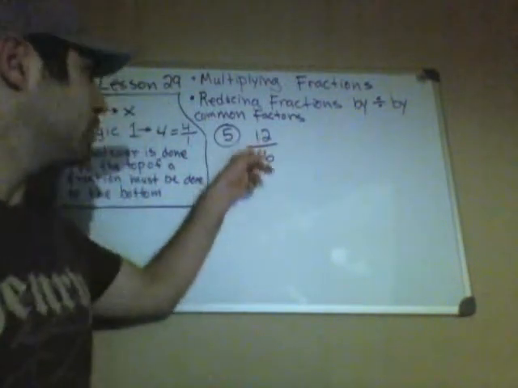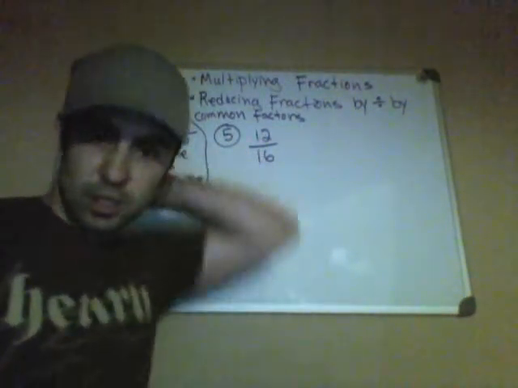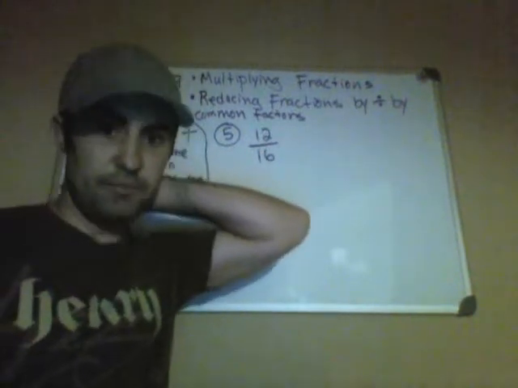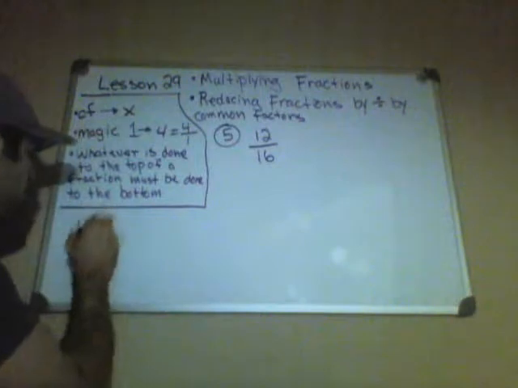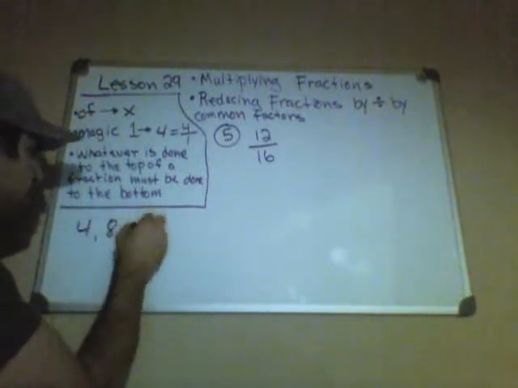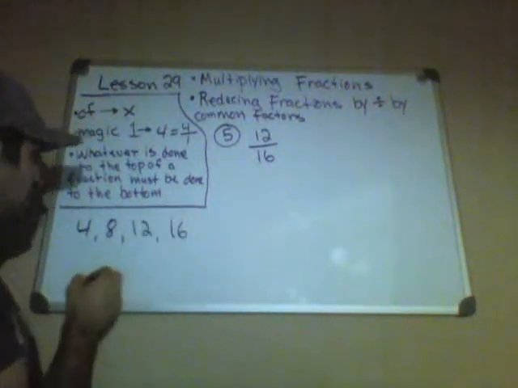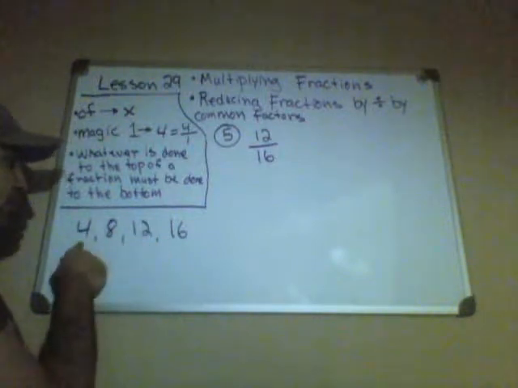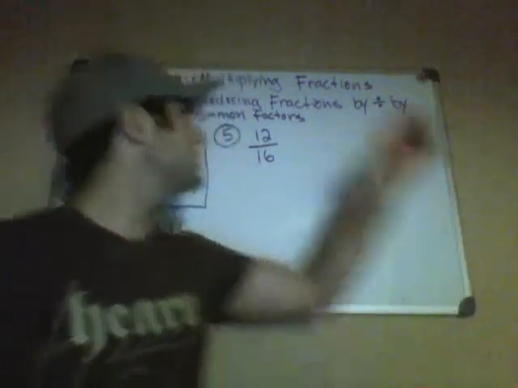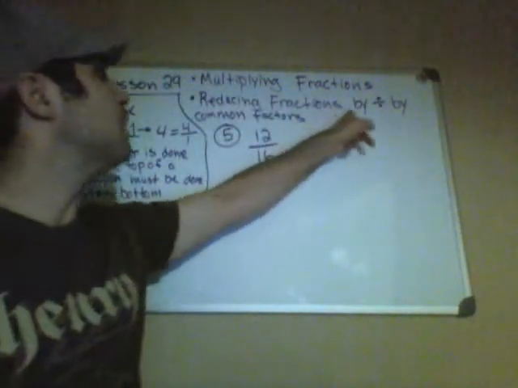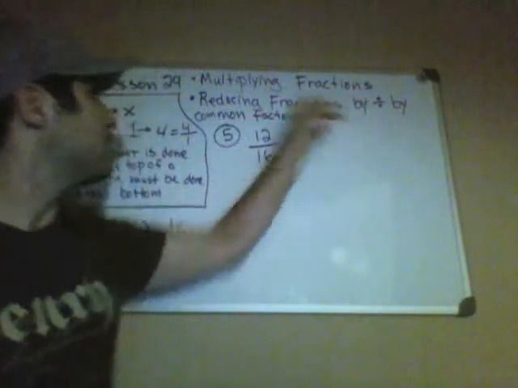If you look at 12 and 16, you know that both of those have a common factor of 4. Real quick in your head: 4, 8, 12, 16. They both have a common factor of 4. 4 times 3 is 12. 4 times 4 is 16. So if they have a common factor, what are we doing? Reducing fractions by dividing by common factors.